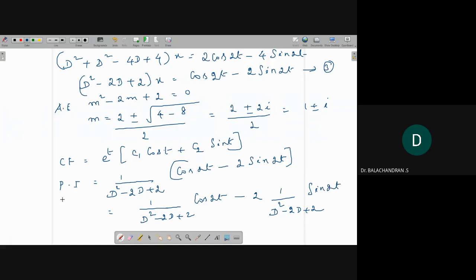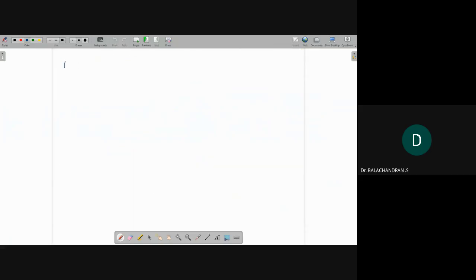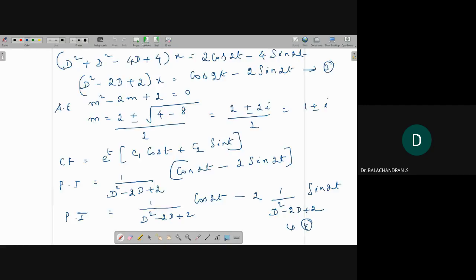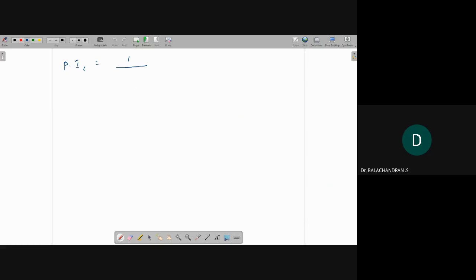I call this equation number 4. So this is PI1, this is PI2. PI1 equals 1 by (D square minus 2D plus 2) into cos 2t. So this is type 2.